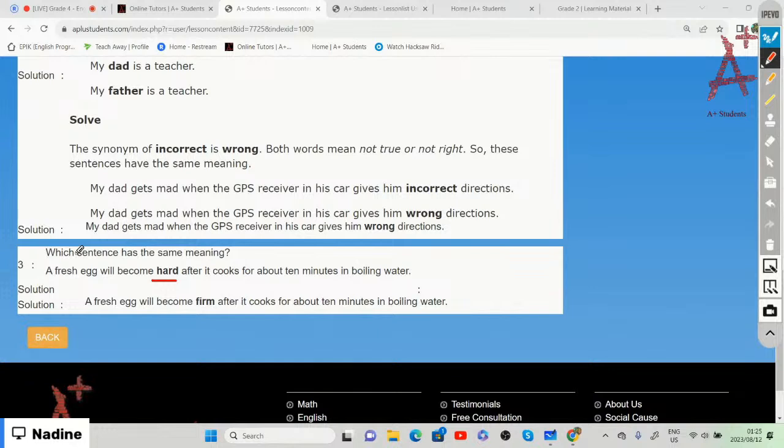Another word for hard, which is similar in meaning, is firm, right? It will become firm. And both mean that it will not be watery anymore, it will be more stiff, firm, right? Especially when it comes to an egg, it won't be liquid.